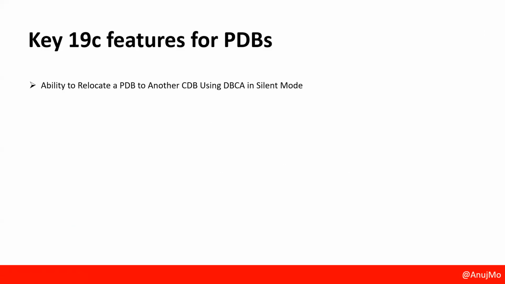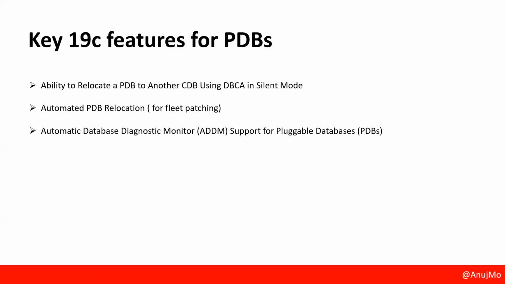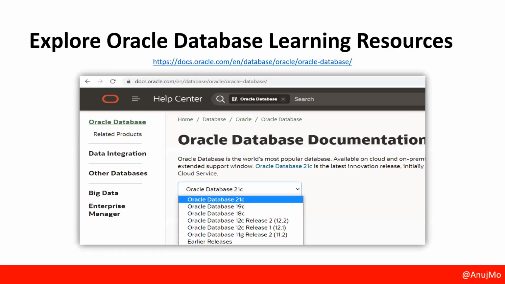So in 19C, you have the ability to relocate a PDB to another CDB using DBCA in silent mode, automated PDB relocation for fleet patching, and then automatic database diagnostic monitoring, ADDM support for PDBs, PDB recovery catalog, and workload capture and replay. So if you're trying to use RAT, then you can use it at the PDB level.